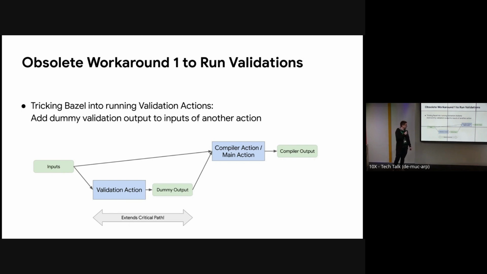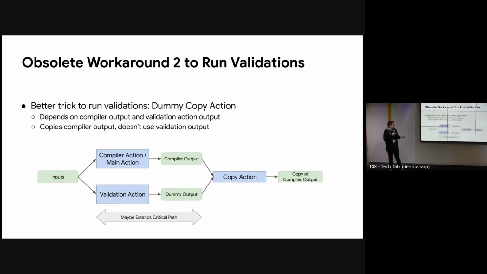And you can kind of imagine how bad that might be for the critical path because you're artificially adding an action before some other action. Now, another kind of workaround is a little more clever. You might add a third action, and your main action's output goes into that artificial third action, and the validation action's output goes into that artificial third action.